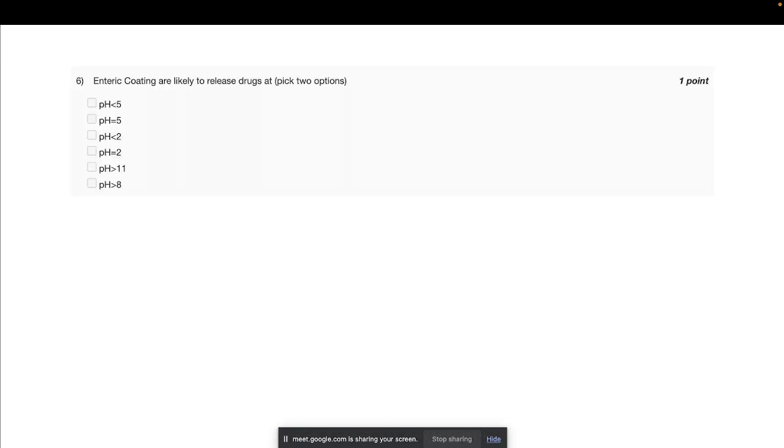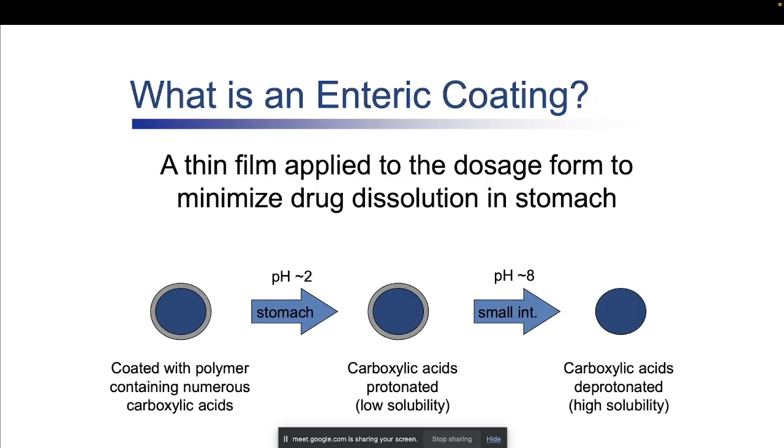Next was, enteric coatings are likely to release drugs at? The answer was at pH above 8 and 11. Enteric coatings are polymer coatings over the drug, used to prevent your drug being released into the stomach, where it can get degraded. So you coat your drug with a polymer which has a lot of carboxylic acids. At acidic pH, all of these carboxylic acids will be protonated, meaning of COOH form.